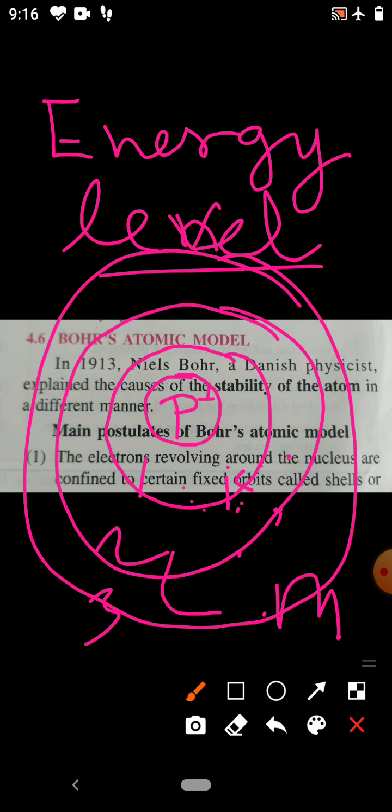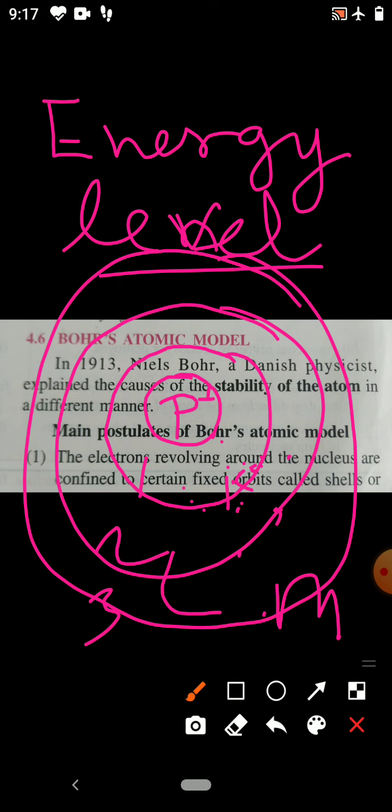It means when energy is given to the atom, the electrons from the lower energy level move to a higher energy level. When the electron drops back to the original orbit, energy is radiated, and it comes back into the original orbit.